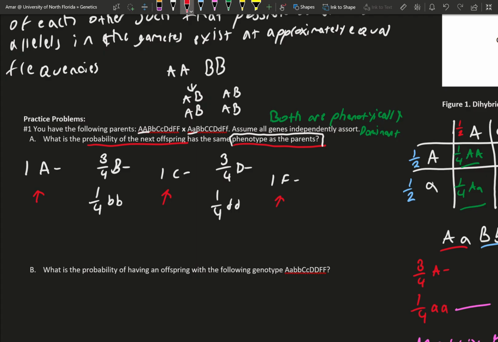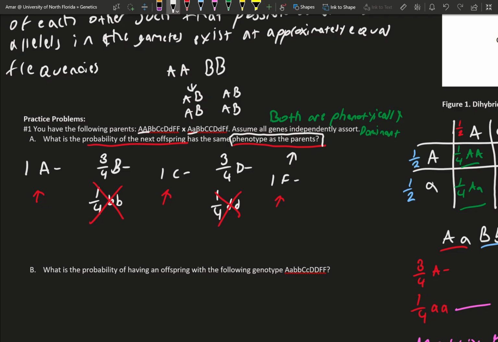So basically, we're not looking for the probability of getting big B whatever and little d. We're looking for a specific combination that is big A whatever, big B whatever, big C whatever, big D whatever, and big F whatever. So we can ignore these recessive individuals and just calculate straight across to figure out this answer.